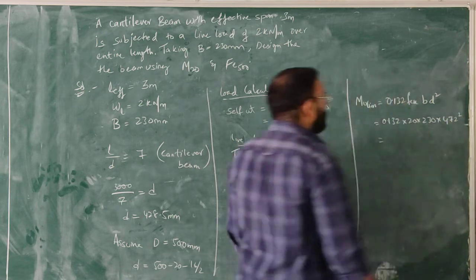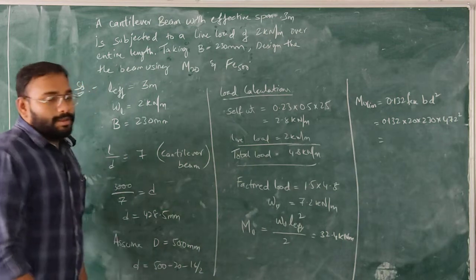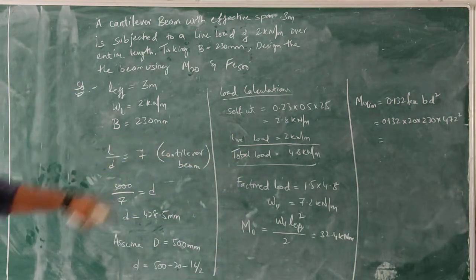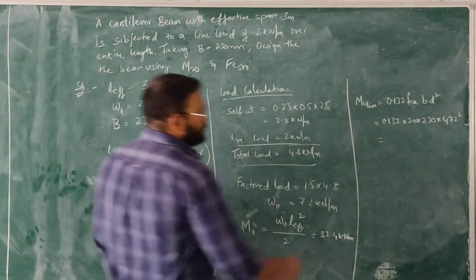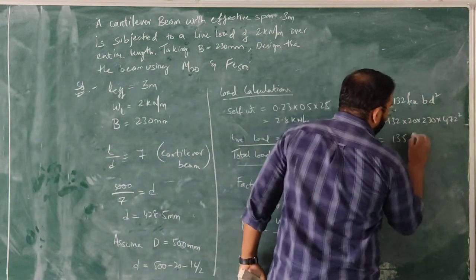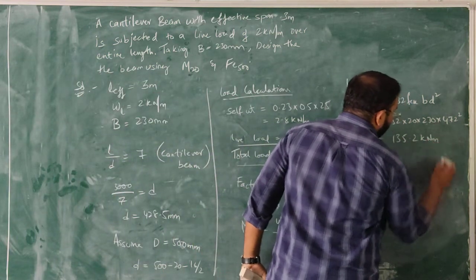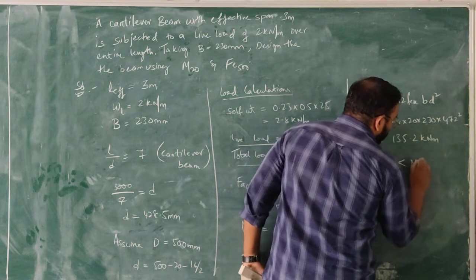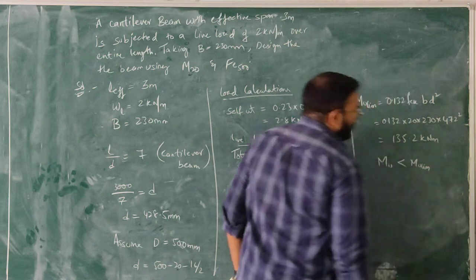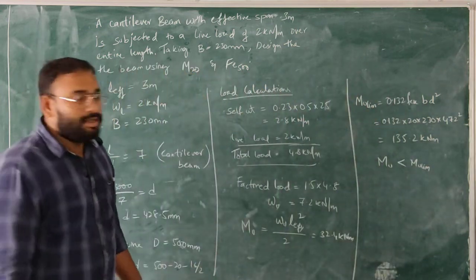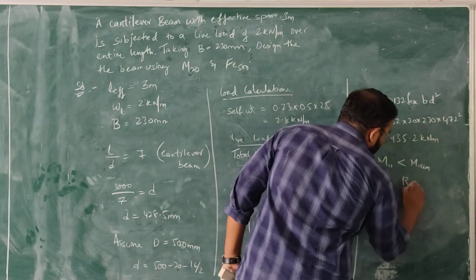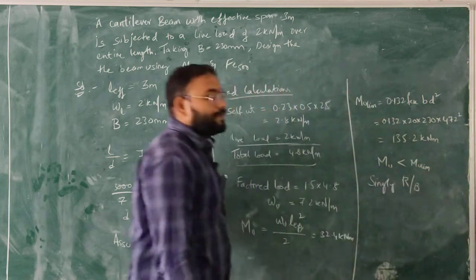Tell me how much is Mu lim? 135.2 into 10 power 6, that is 135.2 kilonewton meter. So Mu is less than Mu lim again. So this is a singly reinforced beam.